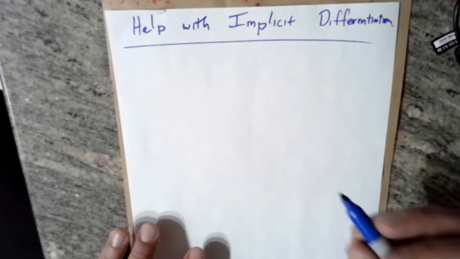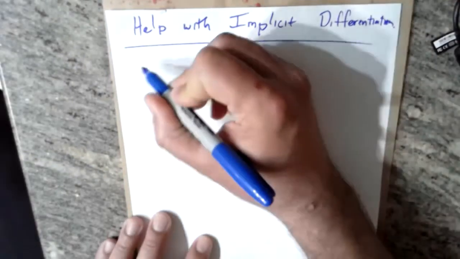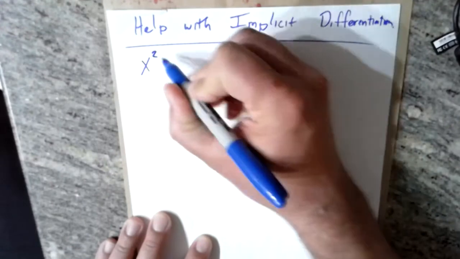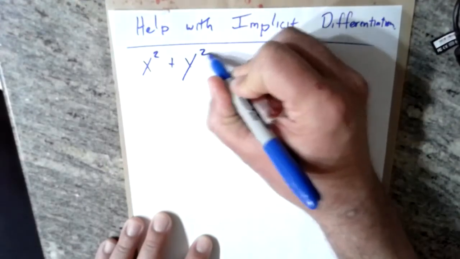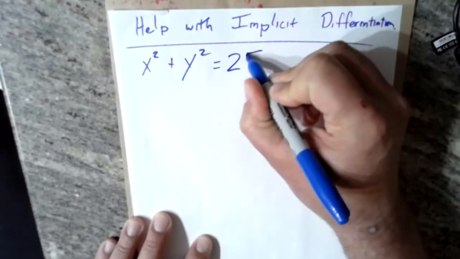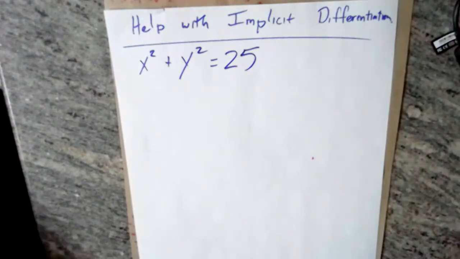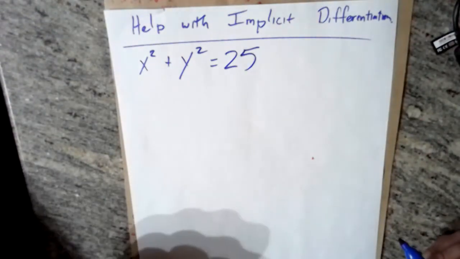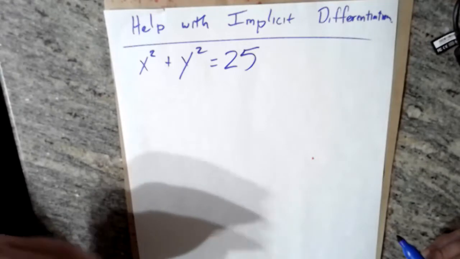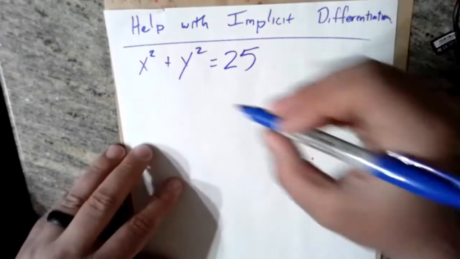I want you to think about this equation here: x squared plus y squared equals 25. Now, that is the equation of a circle, and you should know that that is not, by definition, a function.